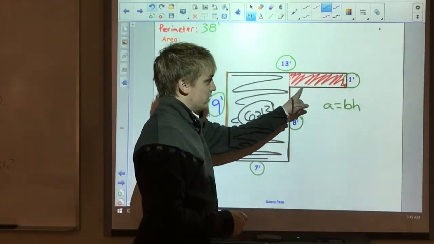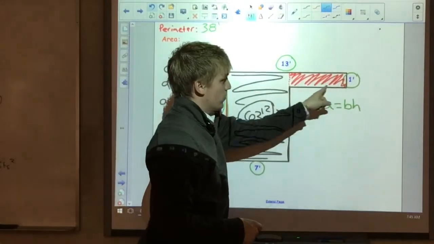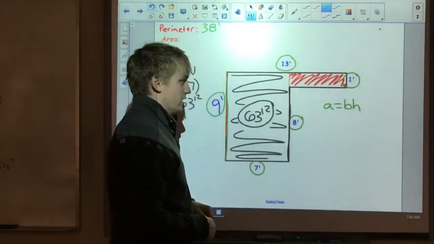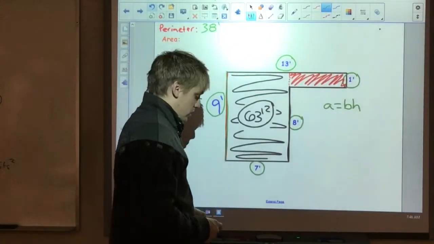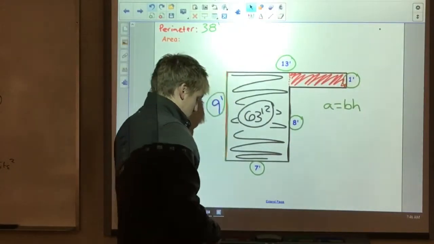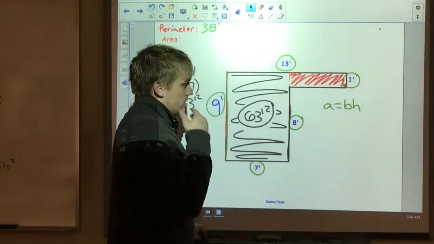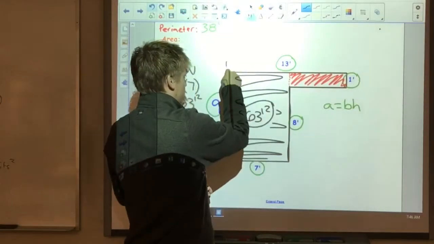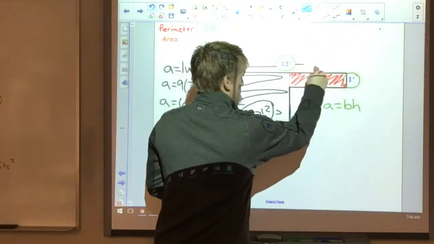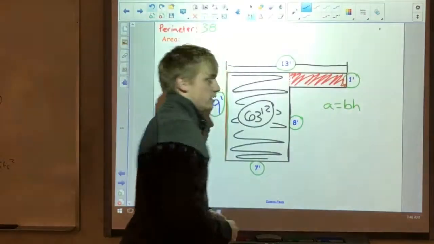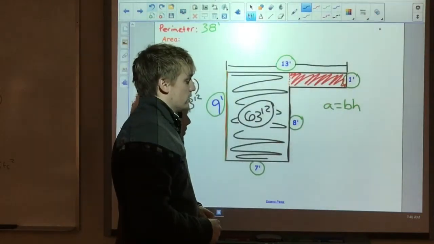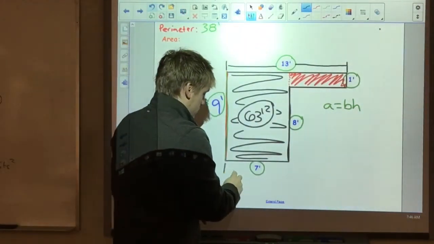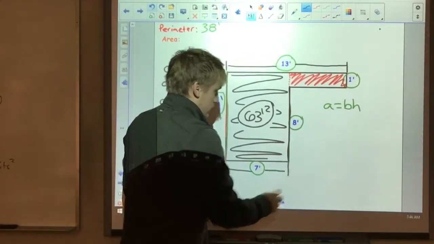The base is this line right here. We don't necessarily know the base yet, so we have to figure it out. How do we figure that out? Well, we use the line that's parallel to it. So this line from here to here is 13, and from here to here is 7.